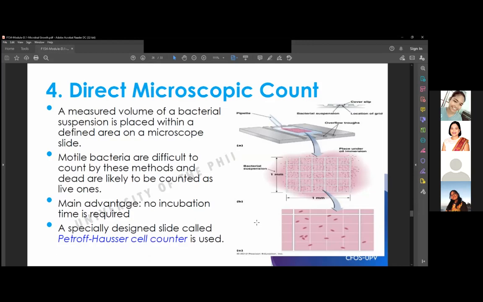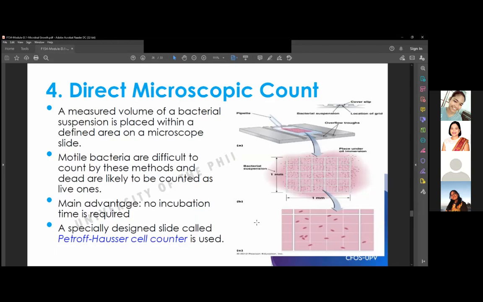Fix into place, ma'am. Like, fix ang bacteria by adding some iodine solution.